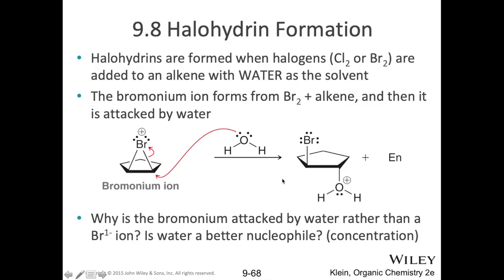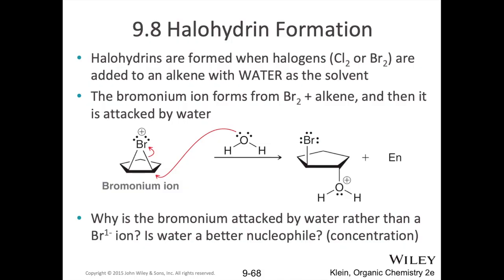Okay, now we just saw a halogenation reaction where we take our halogens and react them in a solvent like carbon tetrachloride, which is a non-polar solvent that's not really going to interfere too much with our bromonium ion. But instead, we can use a different solvent like water, and we can do what's called the halohydrin reaction.